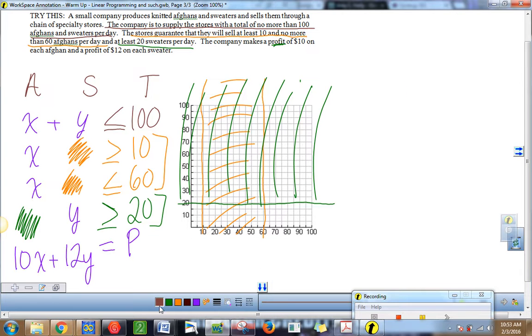Alright, how about this guy? How about that x plus y is less than or equal to 100? What do I do with this one? How do we deal with that?